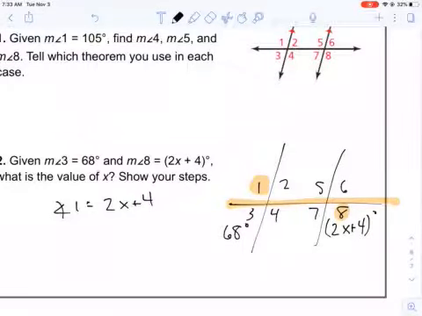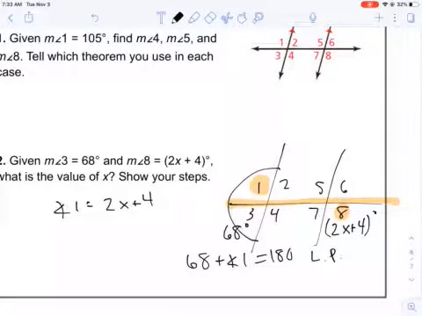So if I can figure out what 1 is, then I have an equation I can solve. Luckily, this is a linear pair. So angle 3, which is 68, plus angle 1 equals 180 by linear pair. Minus 68, we get angle 1 equals 112.